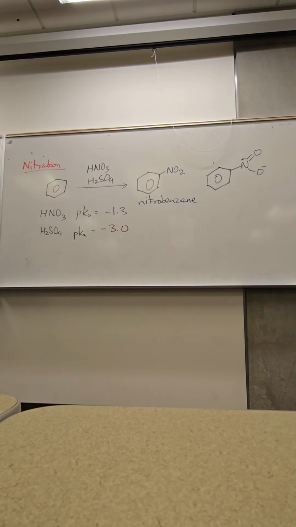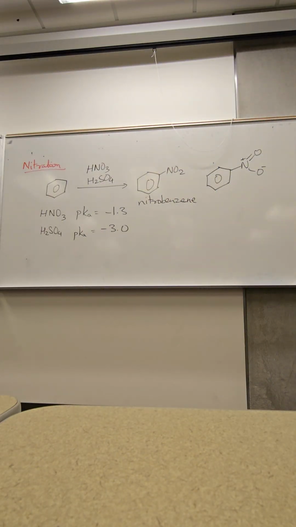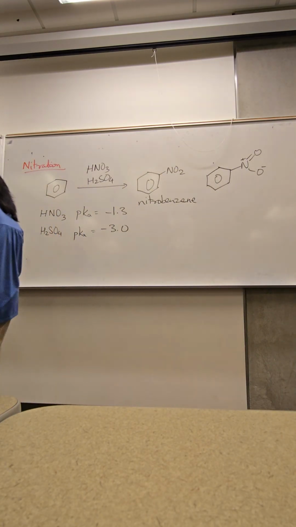Is that what you guys have? Okay, nitric acid and sulfuric acid are both acids, but which one is the stronger acid? Negative 1.3 versus negative 3.0. Whichever one is negative 3.0, H2SO4.